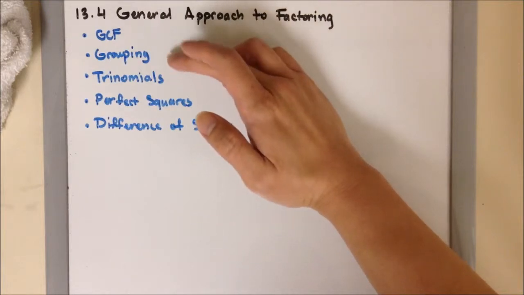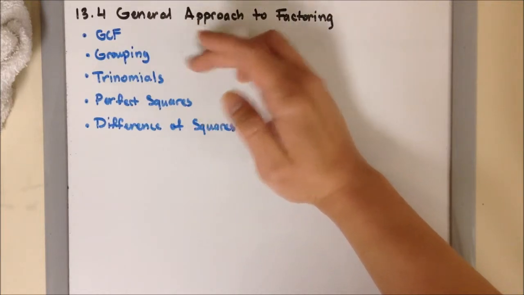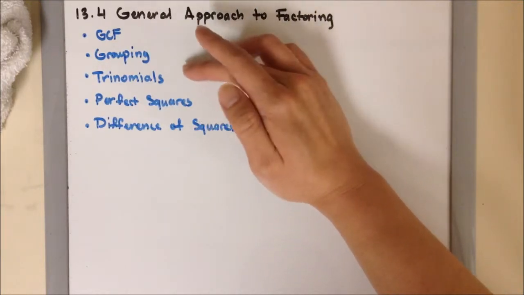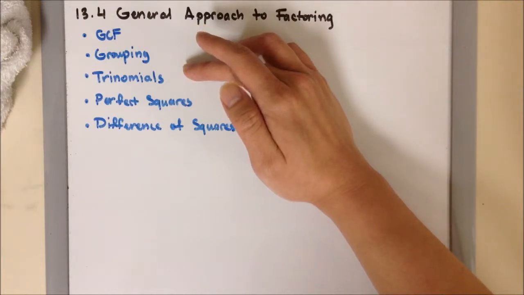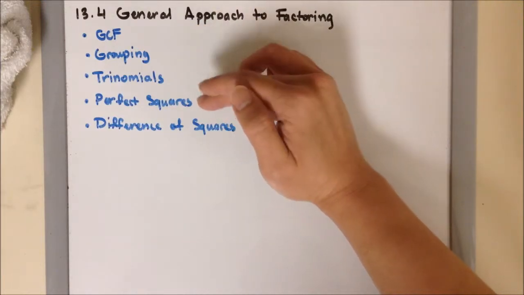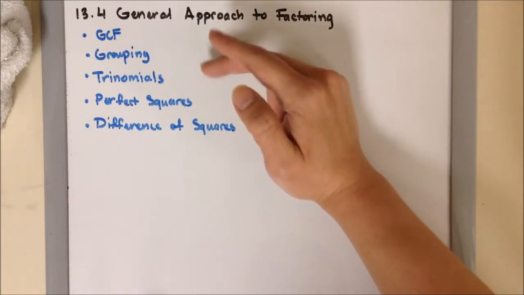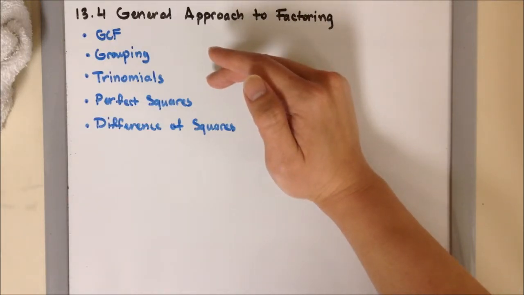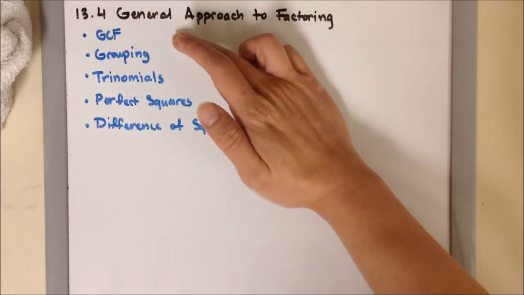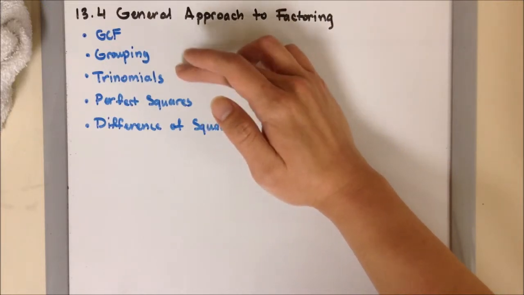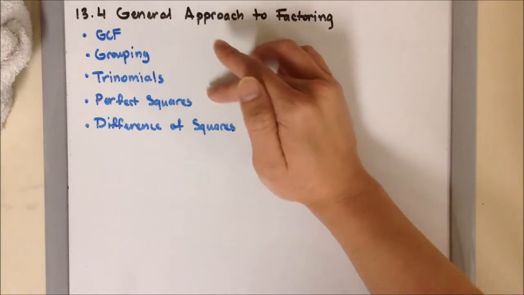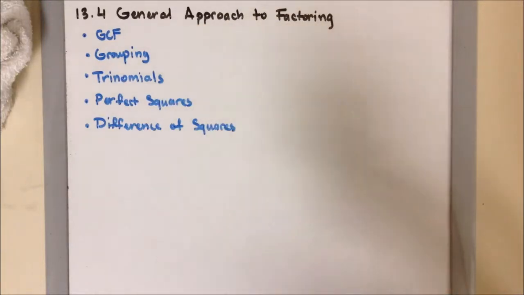Once you finish with those two methods, then these three right here, depending on what kind of problem you have, is either a trinomial, perfect square or difference of squares, or a combination of these three. So you don't know what you have until you finish factoring GCF or grouping. Once you have done that, you can identify based on the technique that was covered in these three sections.